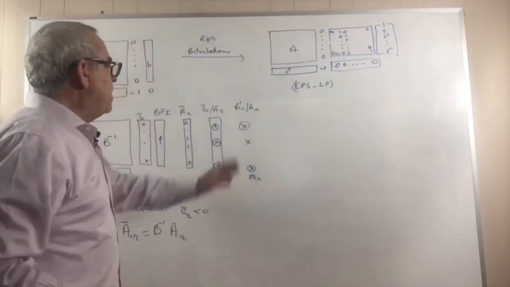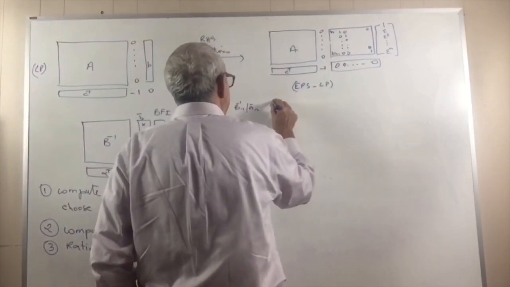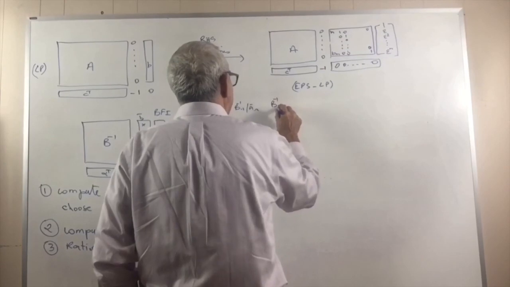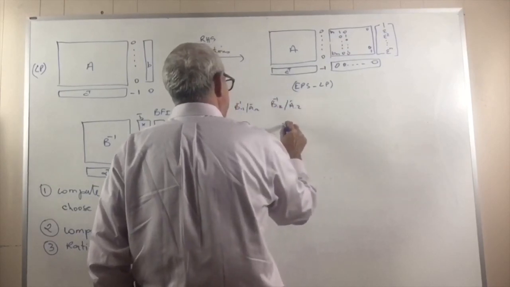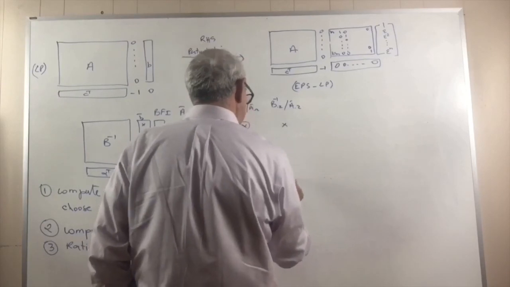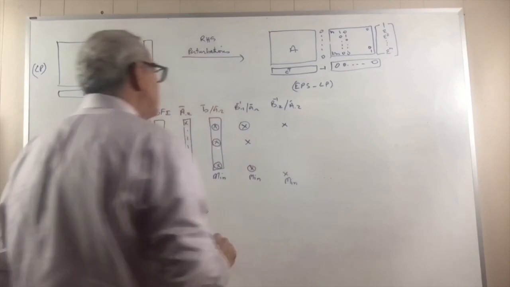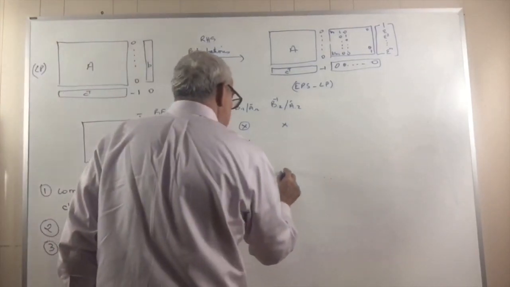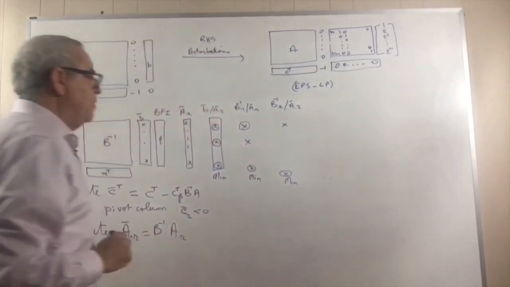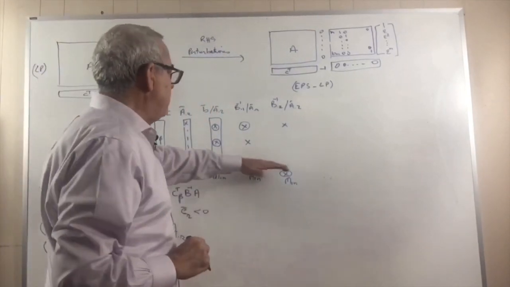Then I keep going. I go to the third column. So I bring in B inverse dot 2 over A bar dot R. I calculate only these two now, and I take the minimum. Let's say now I have only one minimum, and I stop there. This will be my pivot row.